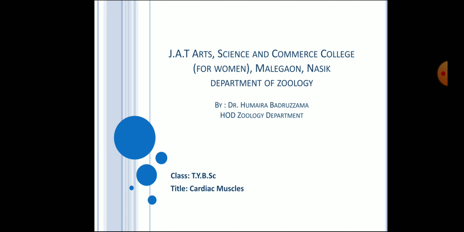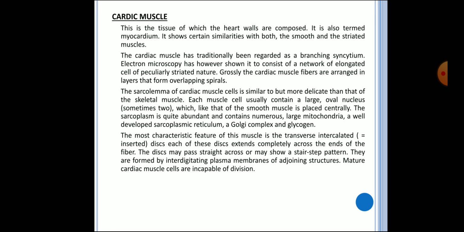This is the muscle which is only and only present in the wall of the heart. Hence, it is known as cardiac muscle. This is the tissue of which the heart walls are composed. It is also termed myocardium.